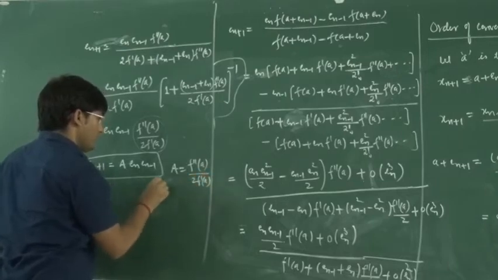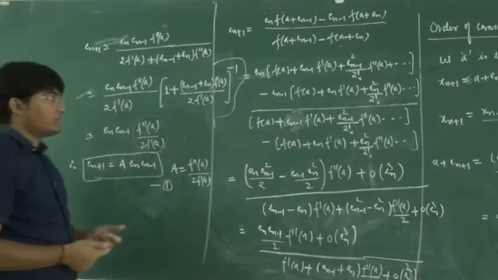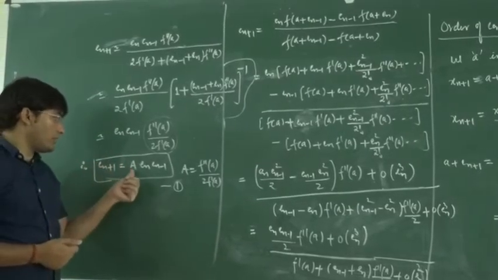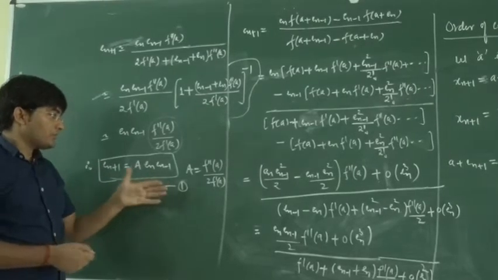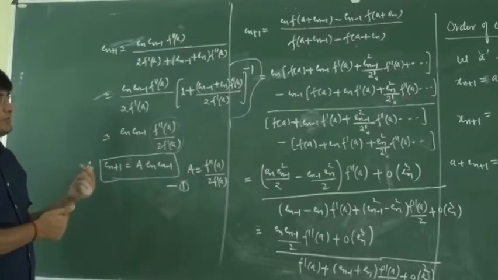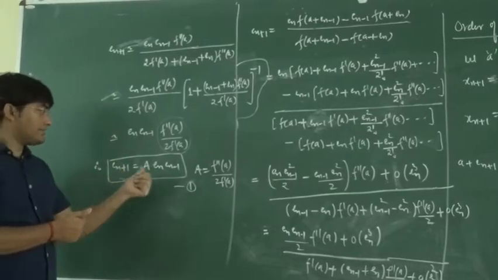So this is equation number 1, because we will need this equation for the convergence of Regula Falsi method. Now here we have en plus 1 equal to a times en into en minus 1. This is when we have taken the interval, when we have taken our xn plus 1, xn and xn minus 1.